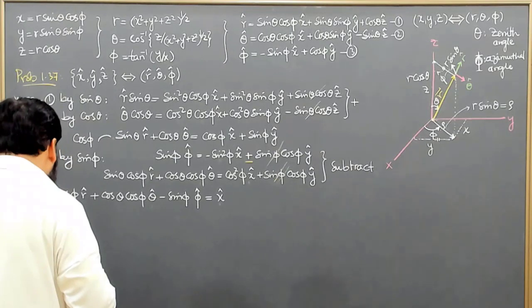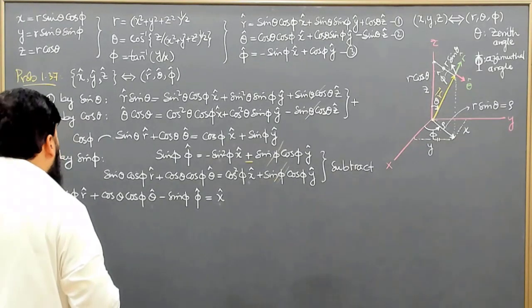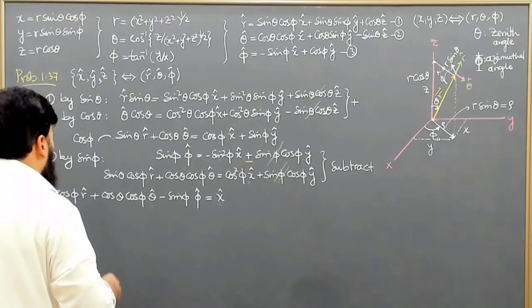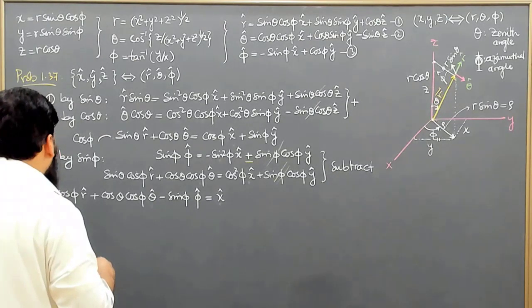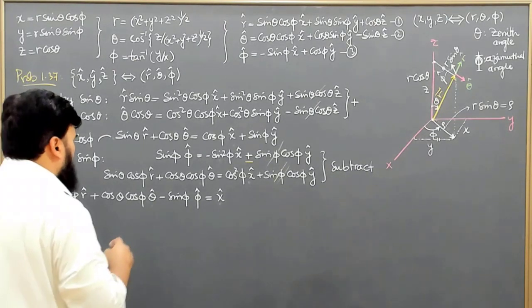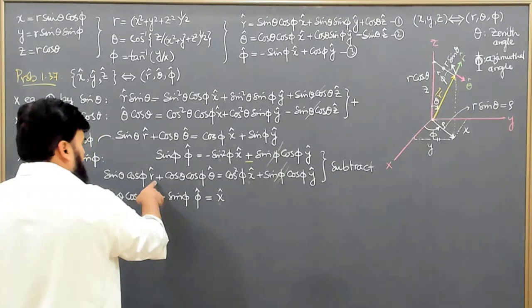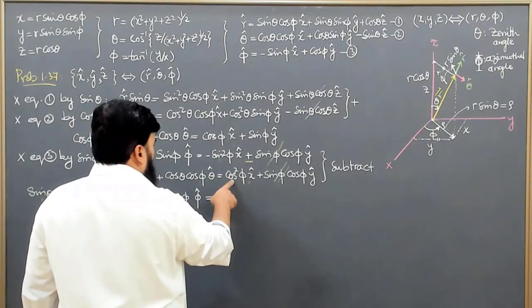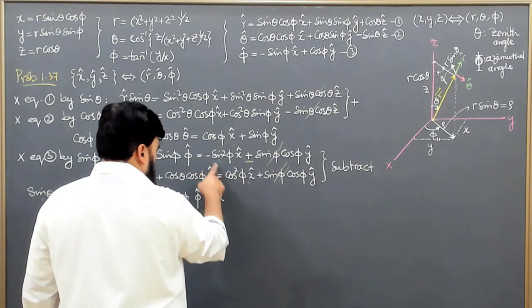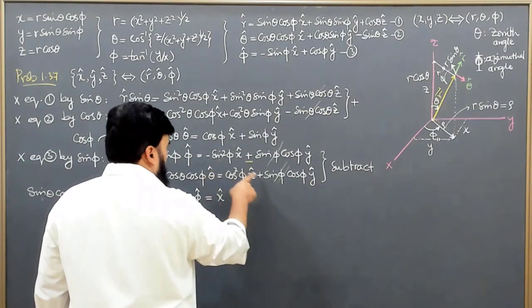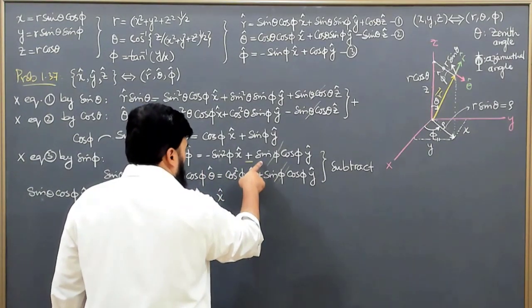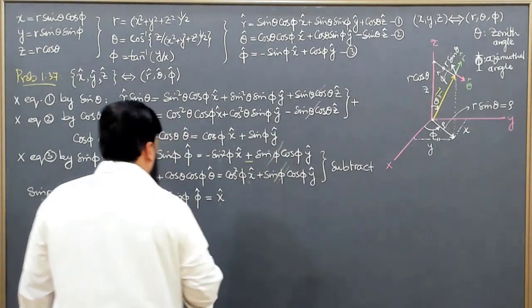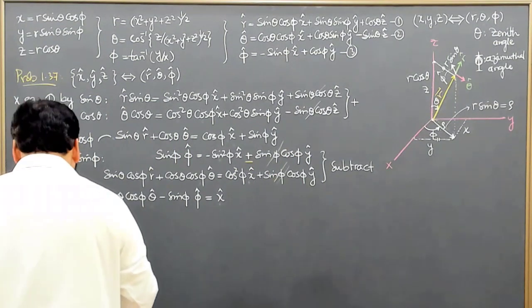And now we will do the reverse here. We have this term, and now I would like to cancel this term and keep this value, because I need now the y unit vector.